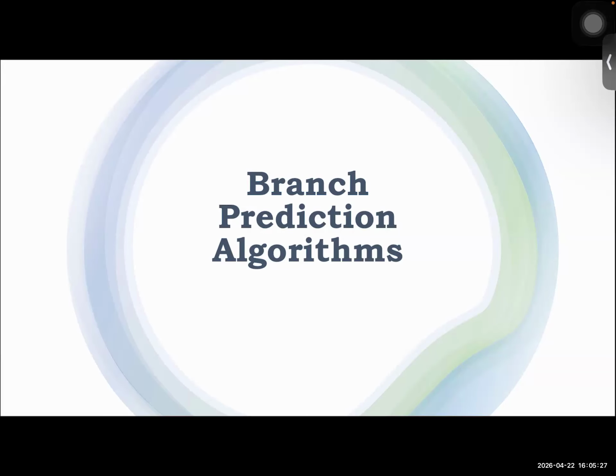Another one is we assume that the branch is not taken. And then we looked at the branch delay slots, but none of those solutions really address the problem. So today we'll try to discuss branch prediction.